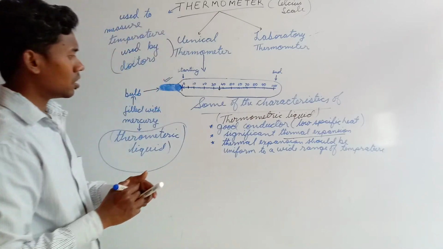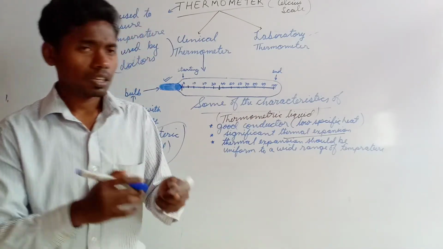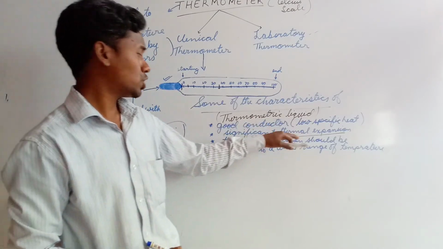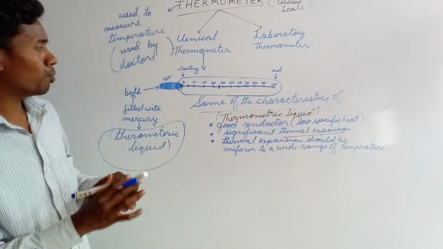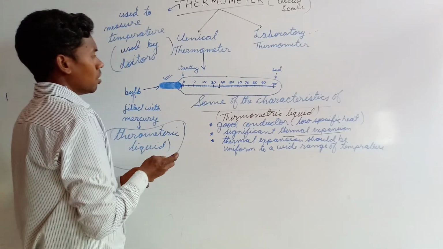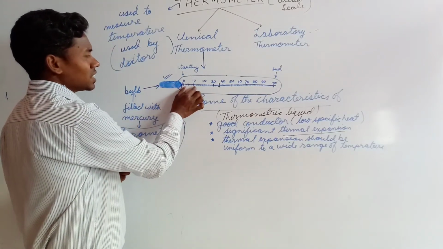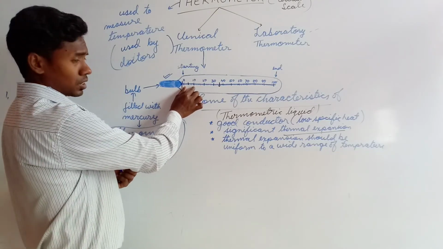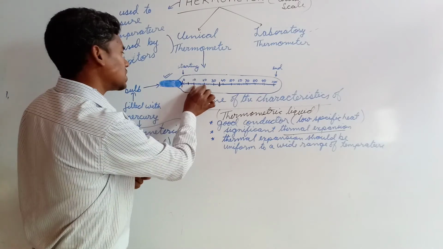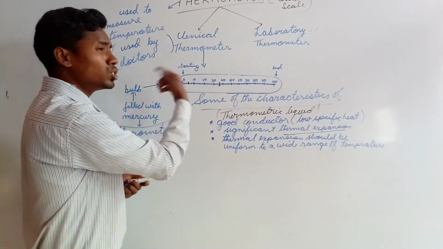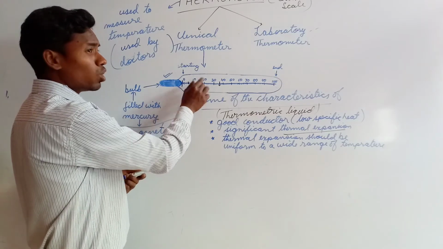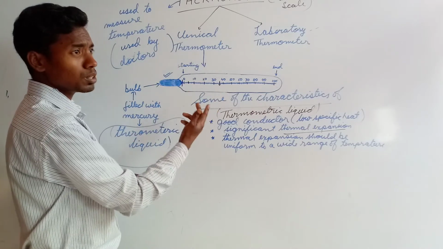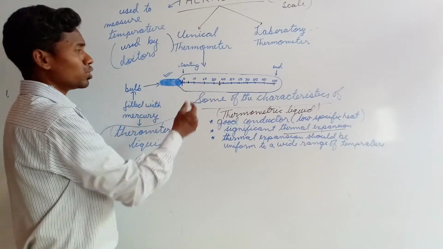Understood? You see what is said. The thermal expansion that we are seeing should be uniform. Uniform means what? For instance, for the first 10 degrees centigrade, it expanded by 2 centimeters. So for the next 10 degrees centigrade also, it should expand by 2 centimeters only, not 3. And for the next 10 also, it should expand by 2 centimeters. In the same way, this should be the uniformity.